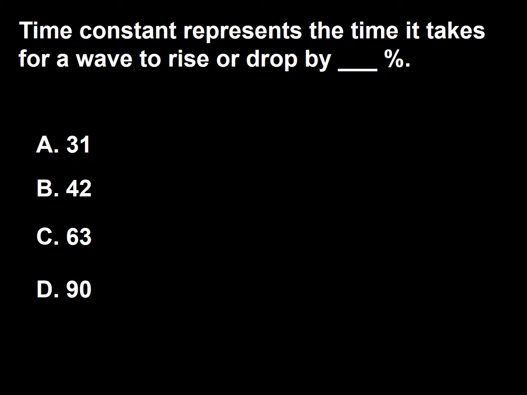Next question. Time constant represents the time it takes for a wave to rise or drop by dash percent. A, 31, B, 42, C, 63, D, 90.